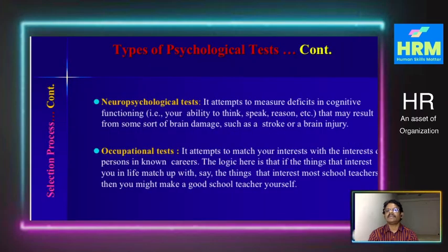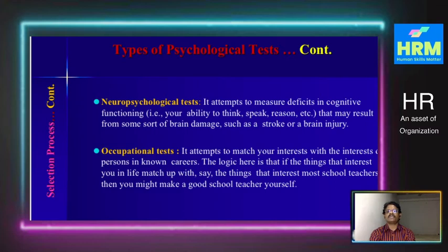Further, if you look at the neuropsychological tests, they attempt to measure deficits in cognitive functioning, like your ability to think, speak, reason, etc. That may result from some sort of brain damage, such as a stroke or a brain injury. The occupational test attempts to match your interests with the interests of people in a career.